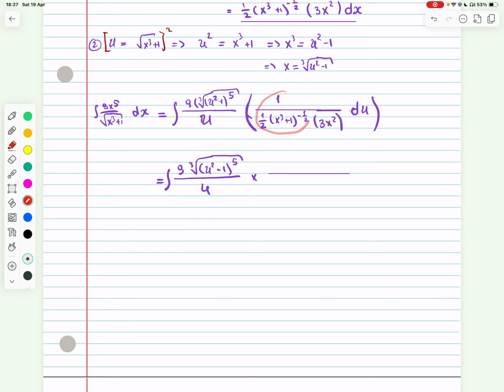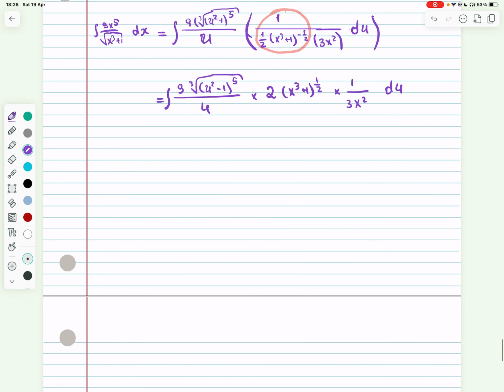This whole expression over here can be written as 2 times x cubed plus 1 to the power of half, multiplied by 1 over 3x squared du. Okay, so now let's replace it.